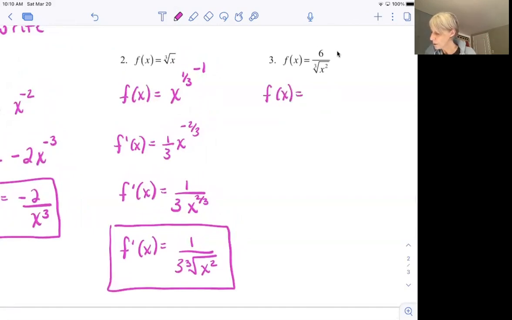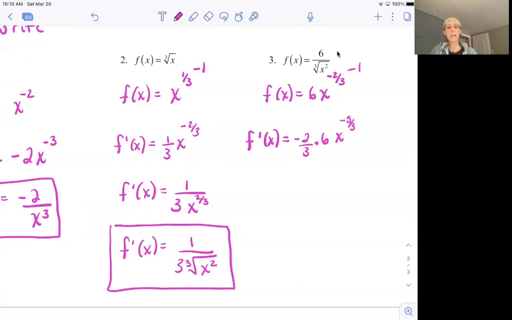F of x equals, now I need to rewrite this, 6x, I'm in the denominator, so when I move it up, -2/3. So my derivative is going to be, I'm going to take this nice and slow with this one. I have -2/3 times 6x, -2/3 minus 1 is -2/3 minus 3/3.